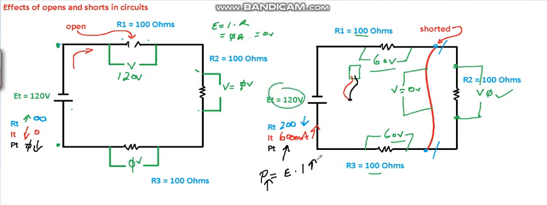So in an open circuit, the voltage across the open is going to equal the applied voltage. And in a shorted circuit, the voltage across the portion that is shorted out is going to equal 0. The other voltages across the circuit that is not shorted will make up the difference in terms of the voltage.